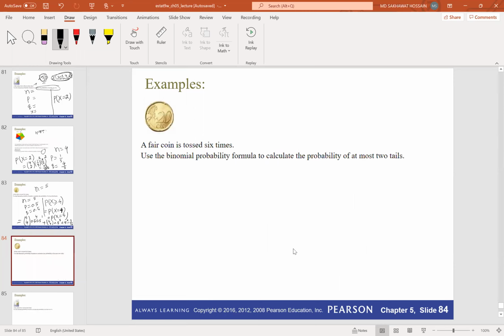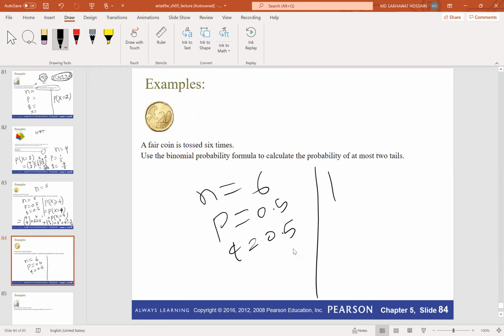Okay, the next problem is a fair coin is tossed 6 times. So n is equal to 6 here. Use the binomial formula to calculate the probability of at most 2 tails. So we want a maximum of 2 successes. P is equal to 0.5 and q is also 0.5. We want to find the probability X is at most 2.